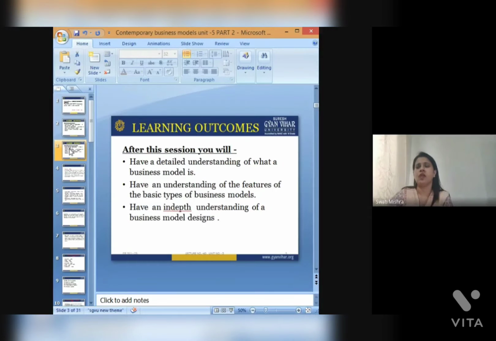So after this session you will have a detailed understanding of what a business model is. You will have an understanding of the features of the basic types of business models. You will also have an in-depth understanding of business model designs, right?